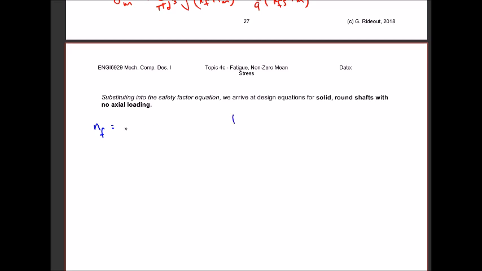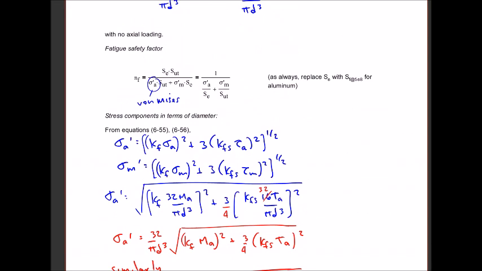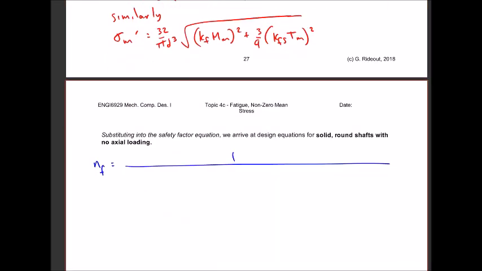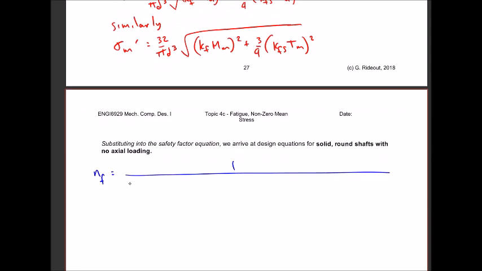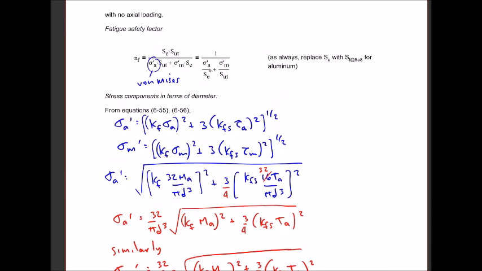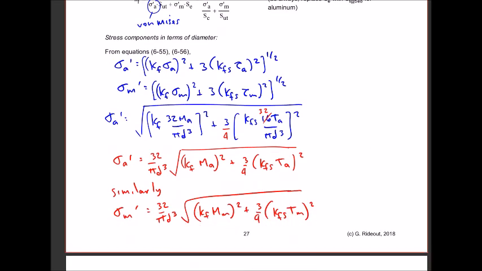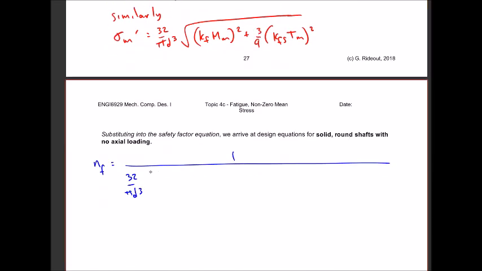I got 1 over a gigantic fraction line, sigma a prime over SE. What's on the bottom here anyway? I got sigma a prime and a sigma m prime. They're both going to have a 32 over pi d cubed, so I can take that out right away.